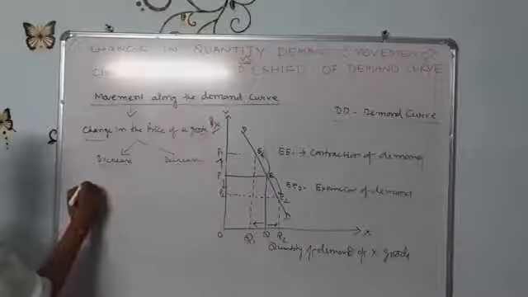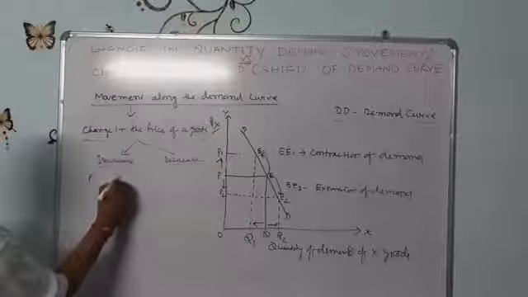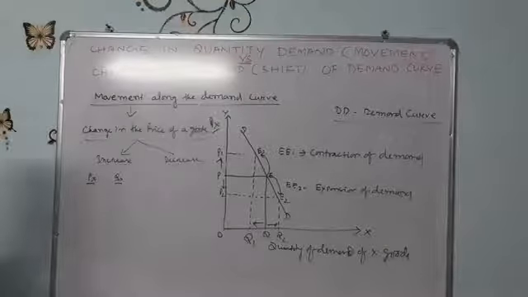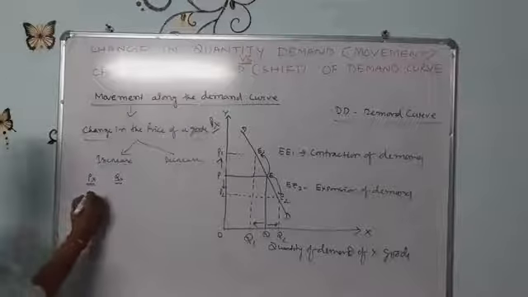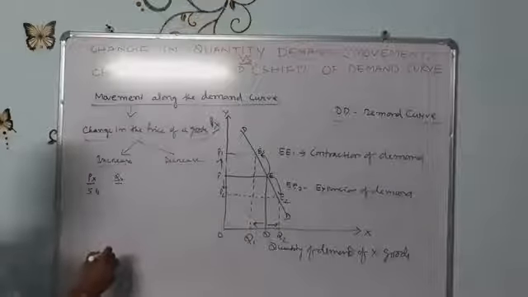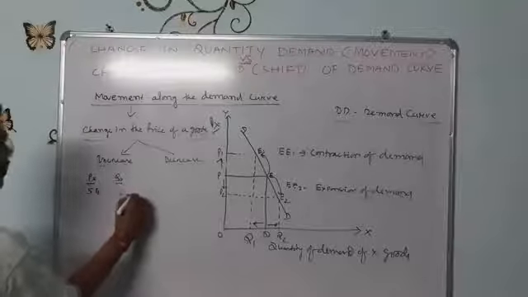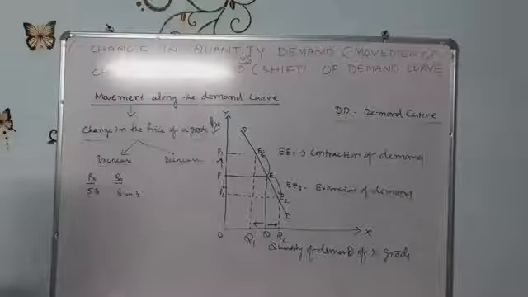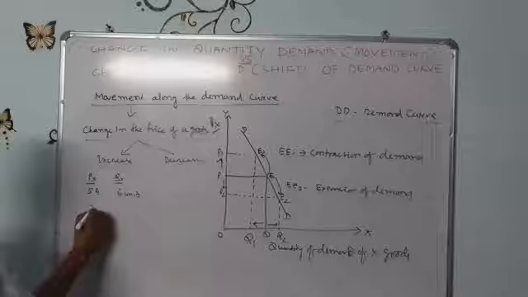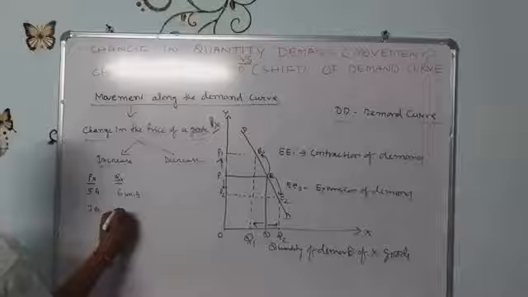Suppose P is the price and Q is the quantity. Px is the price of X and Q is the quantity demanded. Suppose the price is 5 rupees and the quantity demanded is 6 units. When the price increases from 5 to 7 rupees, the quantity demanded may be 5 units.